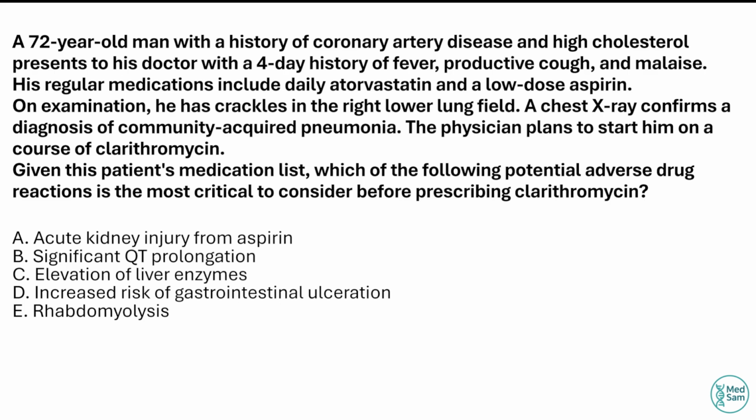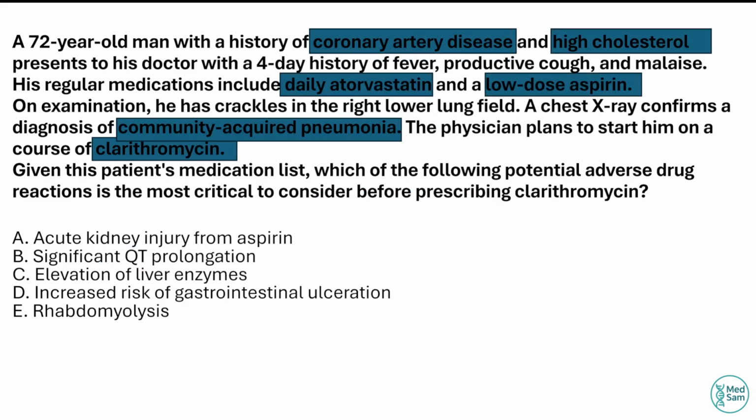Is it elevated liver enzymes or rhabdomyolysis? Here we have an old man, and the most critical adverse effect here is rhabdomyolysis. You must notice that the most important adverse effect of statins is rhabdomyolysis. So the correct answer here, after all these highlights, is rhabdomyolysis, choice E.